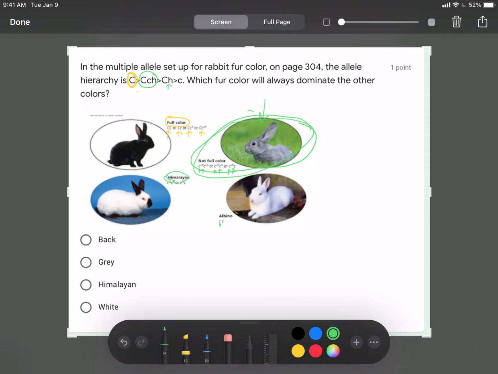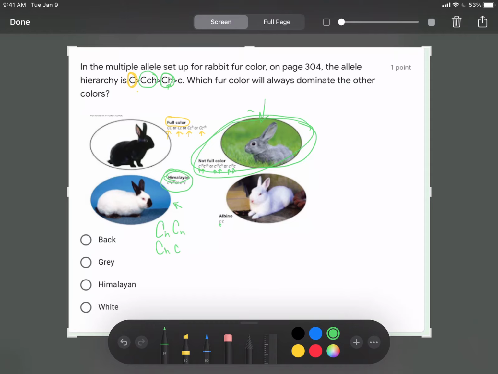Now, you move on to, say, the jack in a deck of cards, right? This basically will beat out everything 10 and below, but it won't beat out a queen and it won't beat out a king. So for the Himalayan genotype, anytime you have a CH, CH, or a CH little c, you have a Himalayan color bunny.